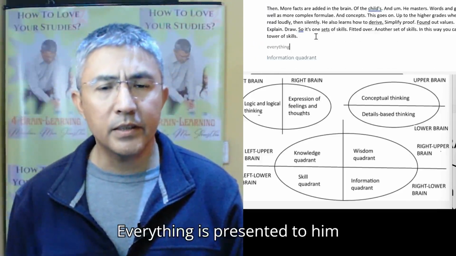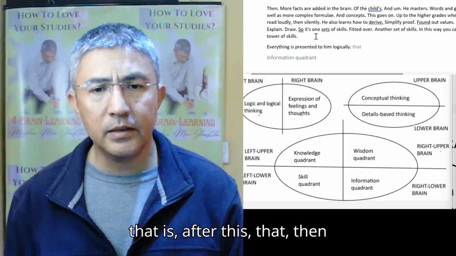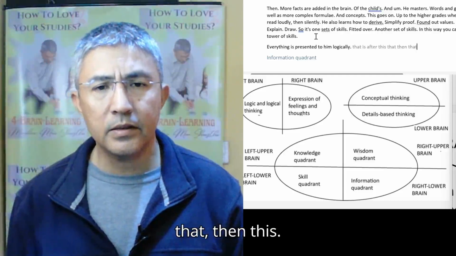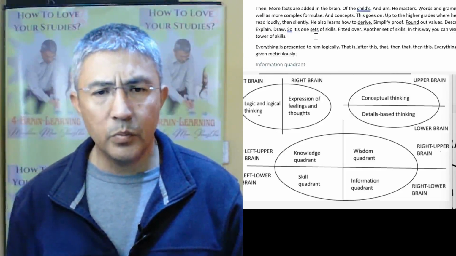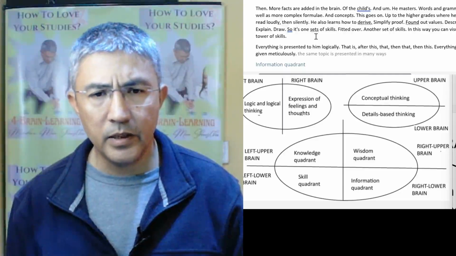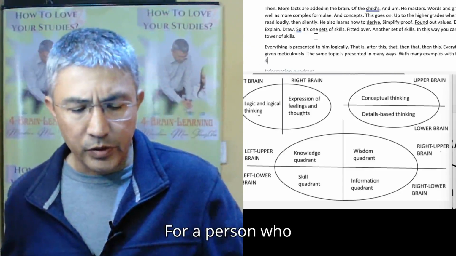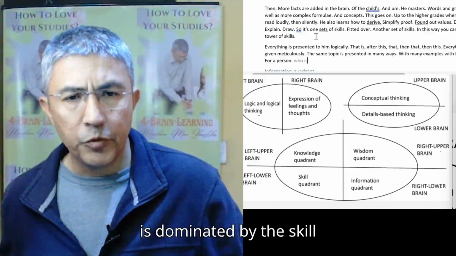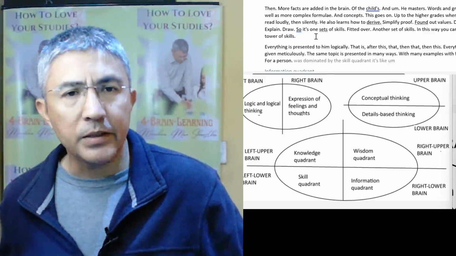Everything is presented to him logically. That is, after this, that, then this. Everything is given meticulously. The same topic is presented in many ways, with many examples, with few variations. For a person who is dominated by the skill quadrant, it's like a child in a candy shop.